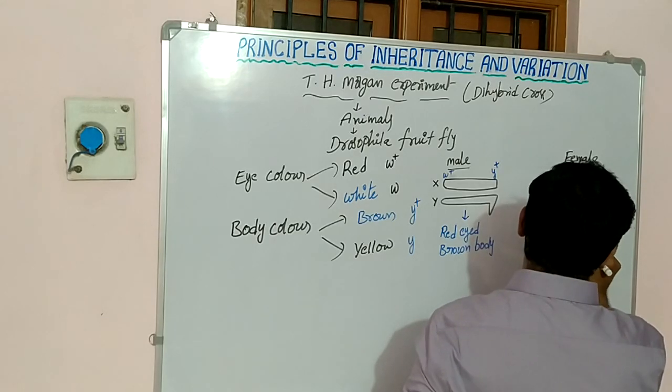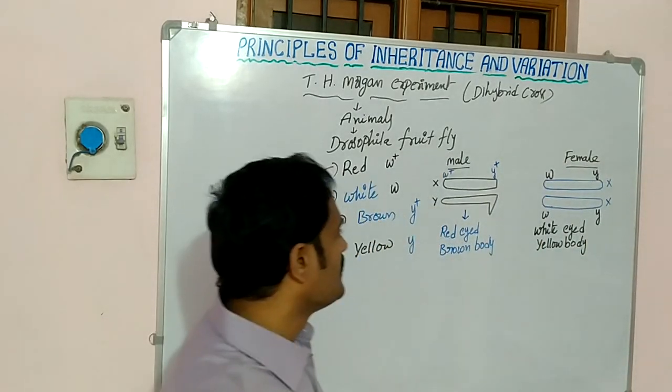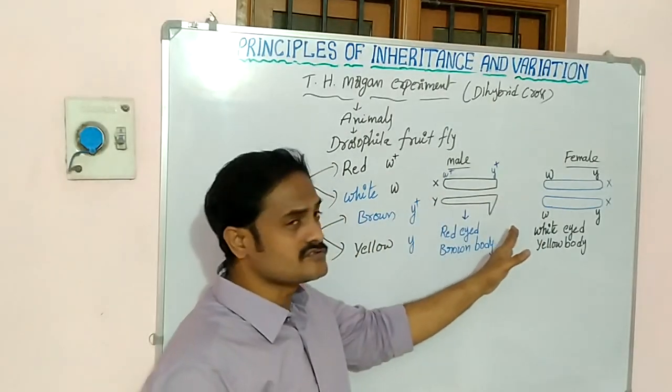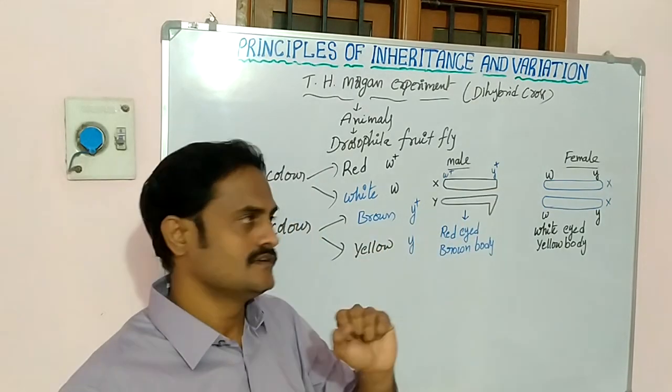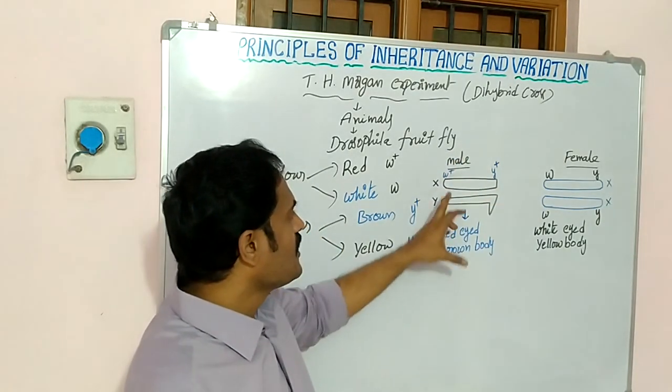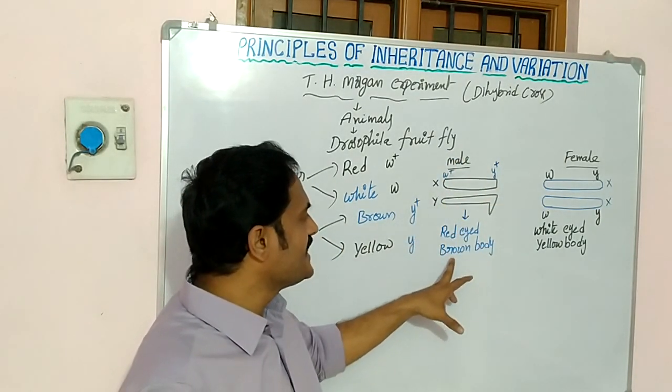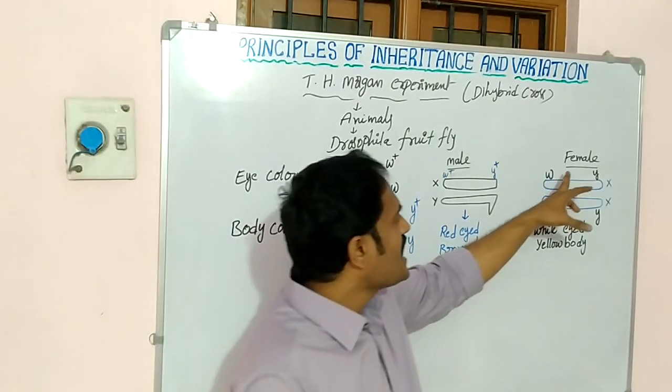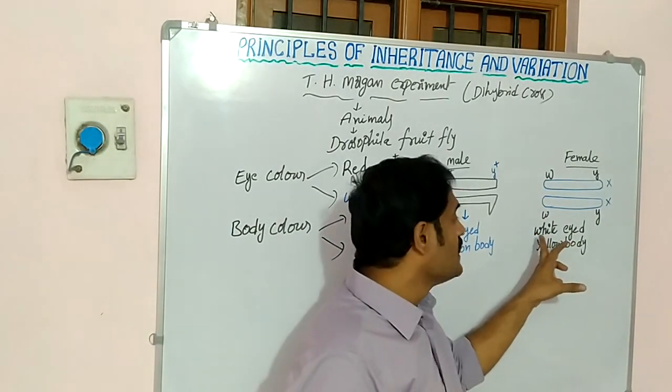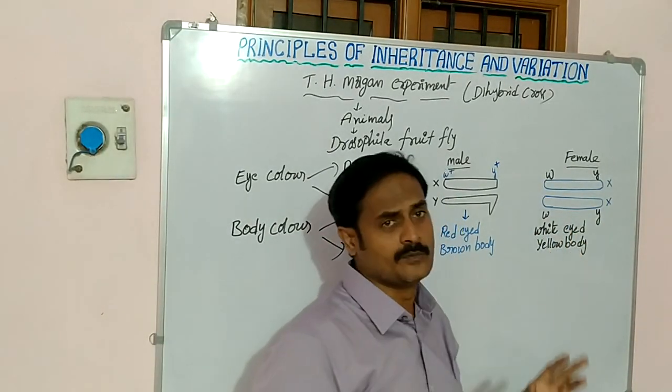Remember, these are the parental Drosophila flies. So this is the male, which looks like a red-eyed brown-bodied fly, and the female looks like a white-eyed yellow-bodied fly.